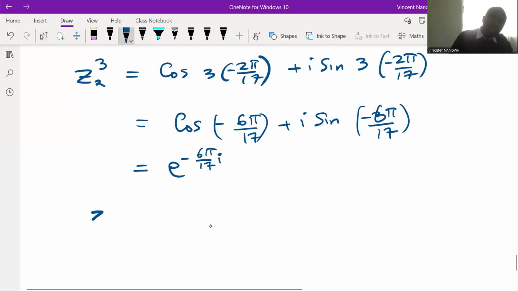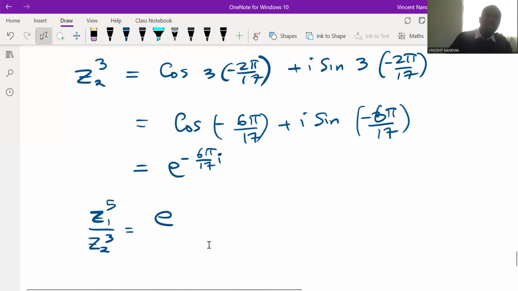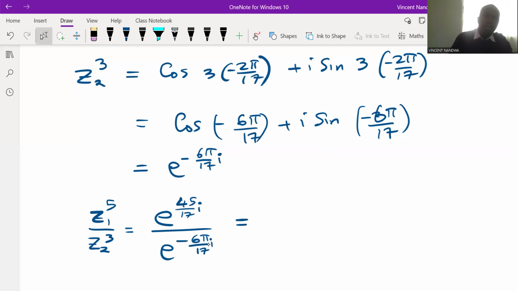So Z1 power 5 over Z2 power 3 is e power, from the first one, 45 over 17 pi I, divided by e power minus 6 pi over 17 I. And then we just use the laws of indices.